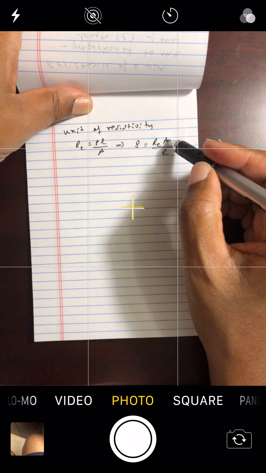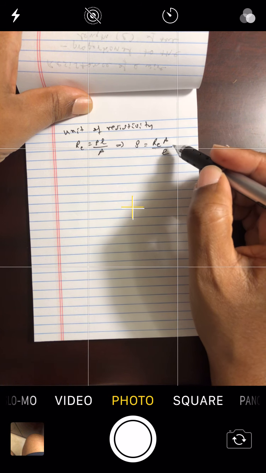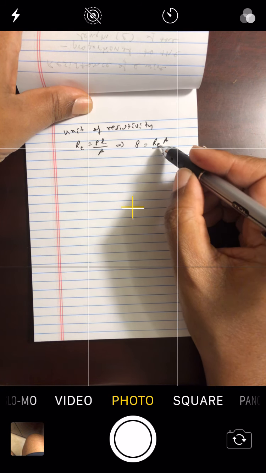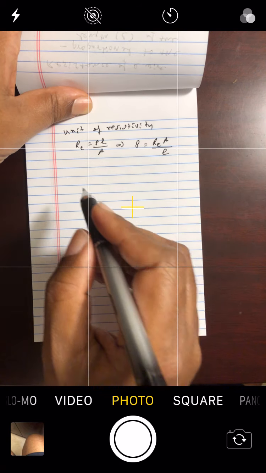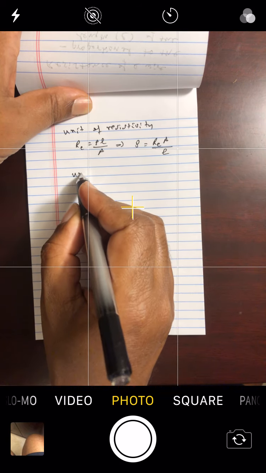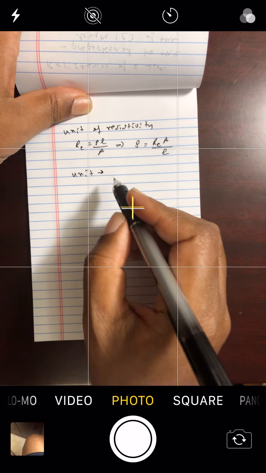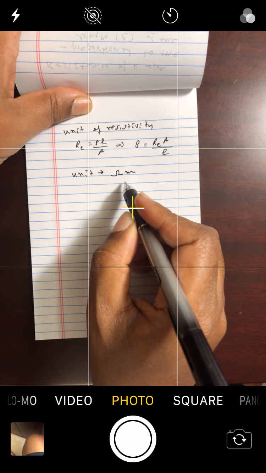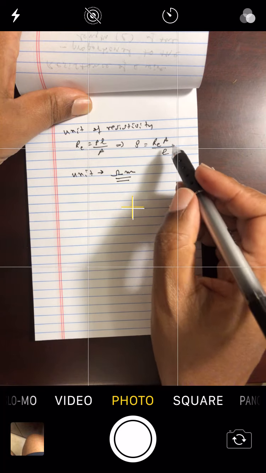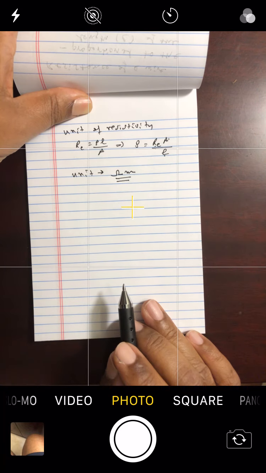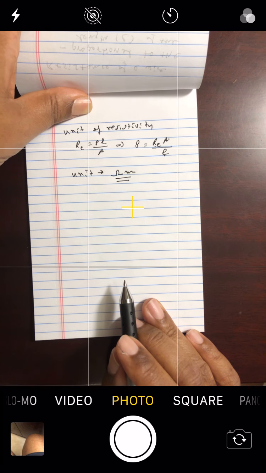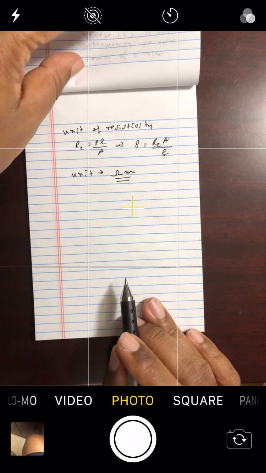The unit of area is meter squared, and the unit of length is meter. So meter squared divided by meter is meter. You've got ohms for resistance, so the unit of resistivity is ohm meter.